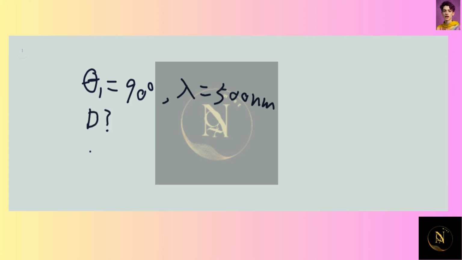We know such a formula: sine theta 1, and we already know m is 1, so I just put m equal to 1 here. So sine theta 1 is equal to m lambda over d. Since m is 1, it's just lambda over d.